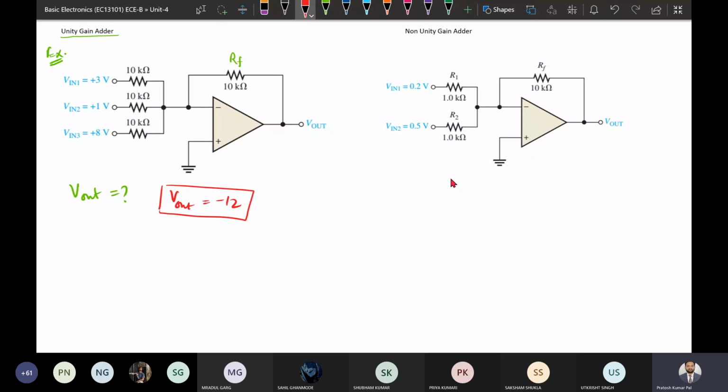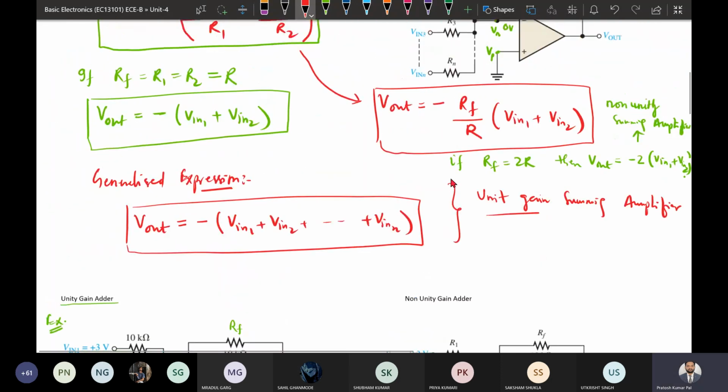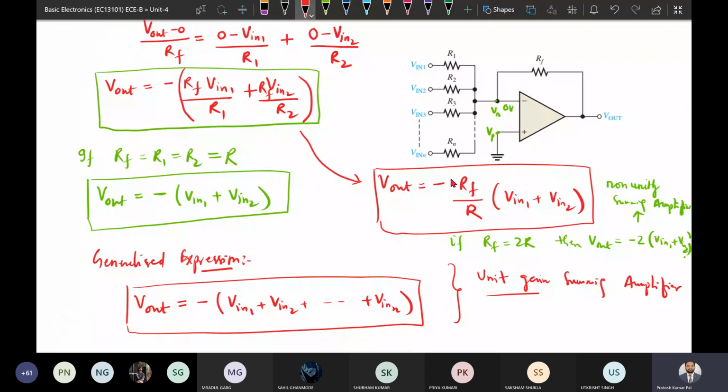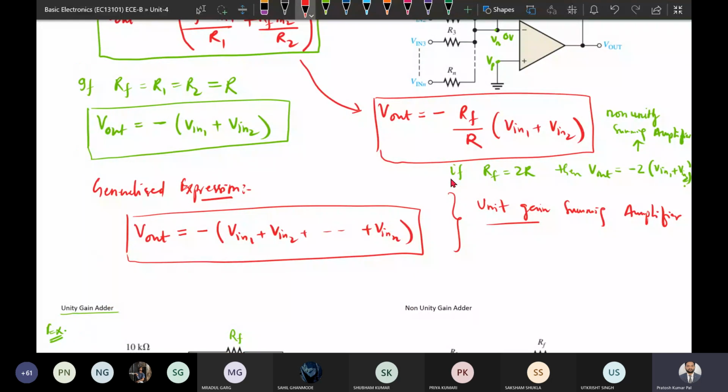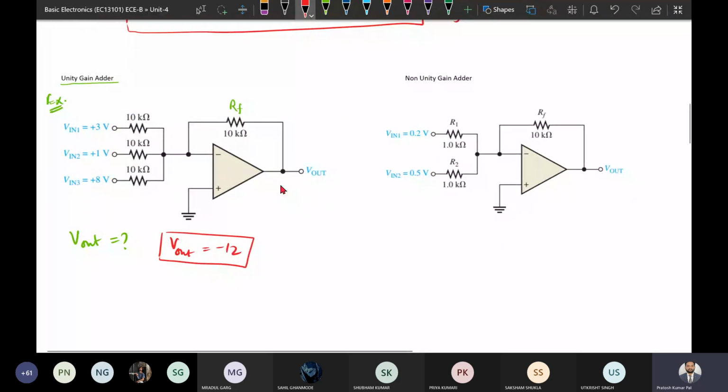From the analysis we can see, like in the previous slide, if there are two inputs, this will be the relation. But if RF and R1 and R2 all are equal, then the relation between the input and output will be similar to this. From the circuit diagram we can see RF and R1, R2, R3 are all equal.